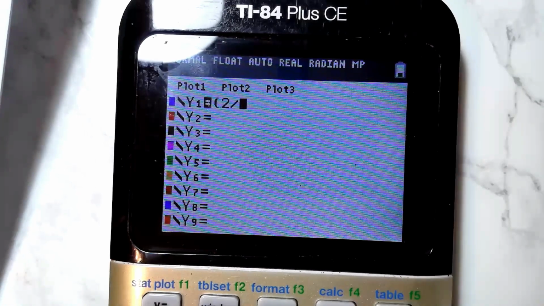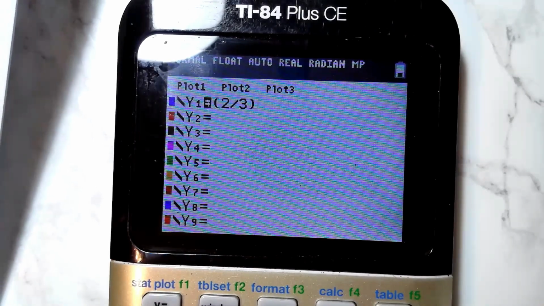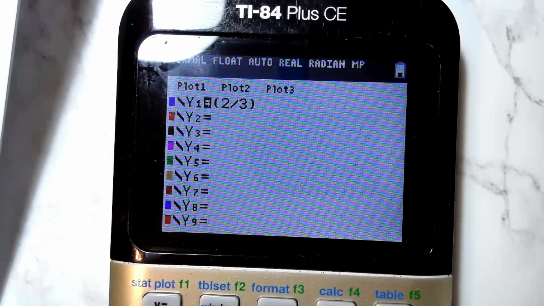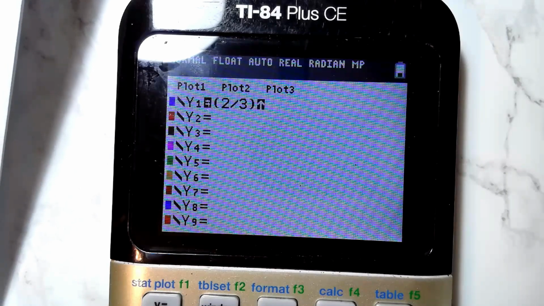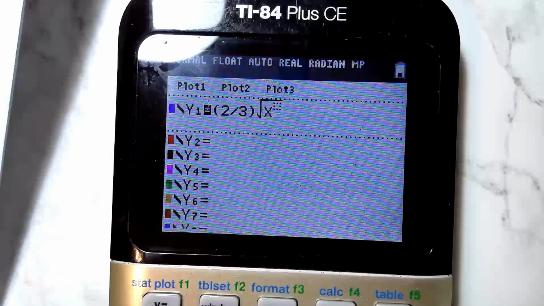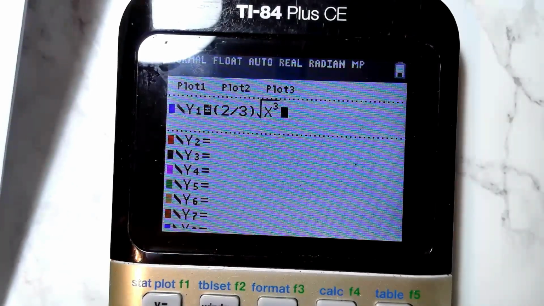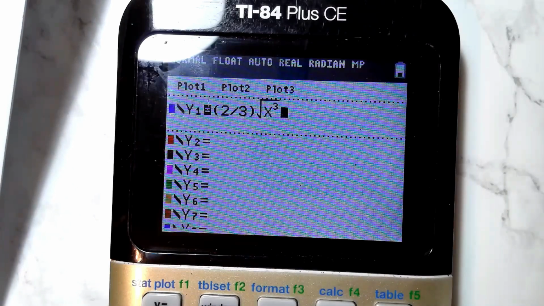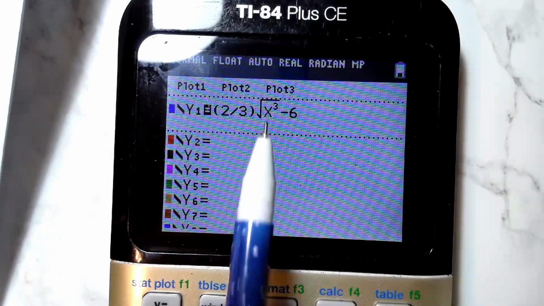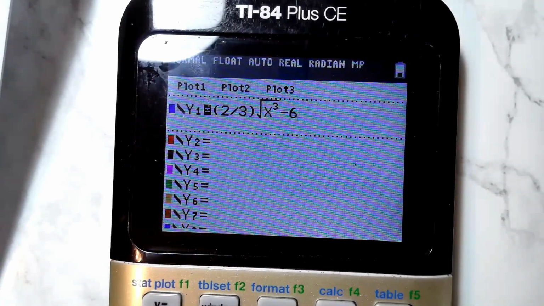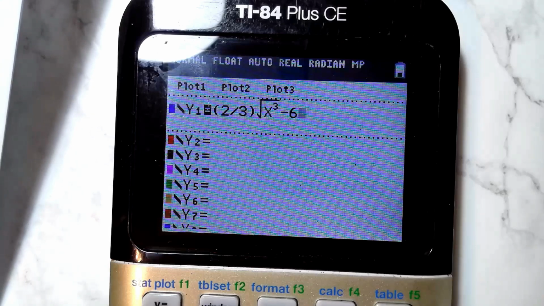So I do 2 divided by 3 in parentheses, times, now I want the square root, so it's second root of x cubed. And make sure you arrow out of there, okay, minus 6. You don't want your negative 6 to be under the radical because that's not the function. So I have 2/3 times the square root of x cubed minus 6.